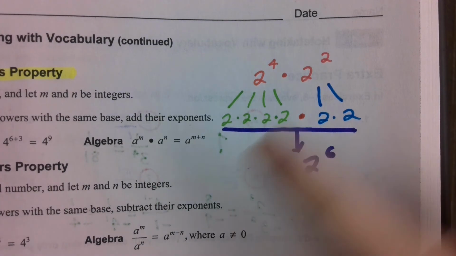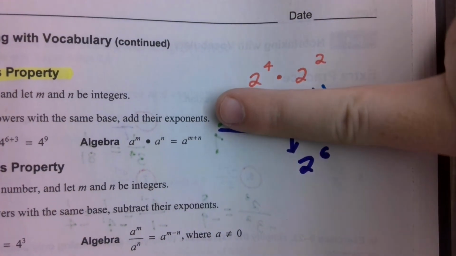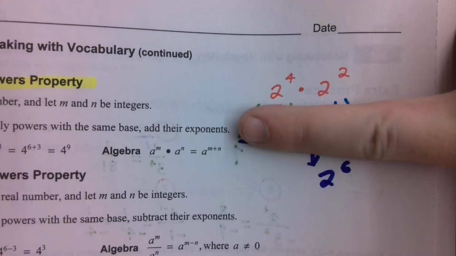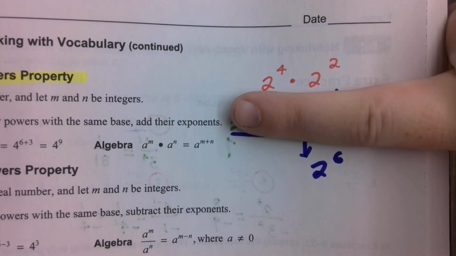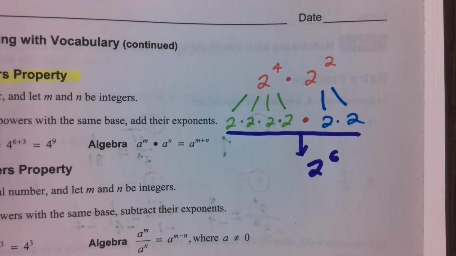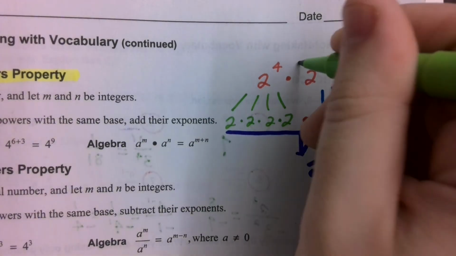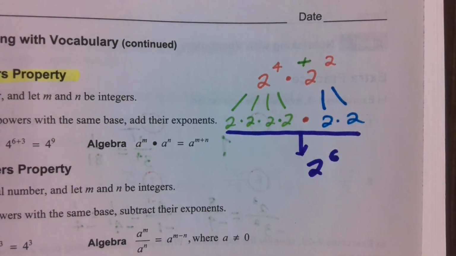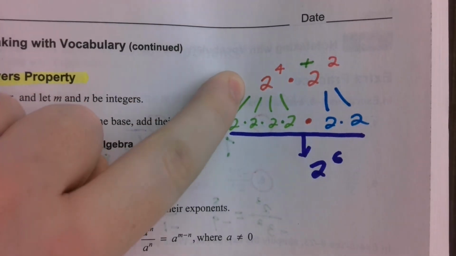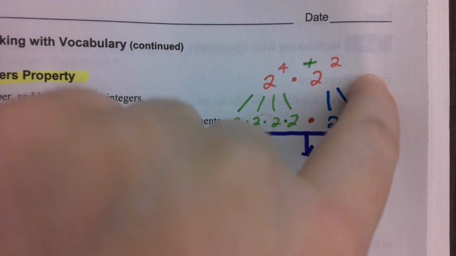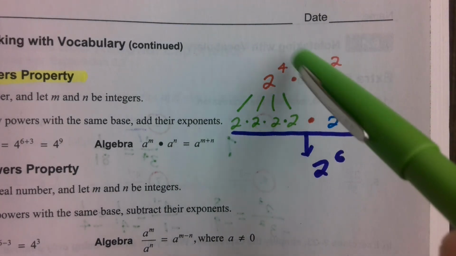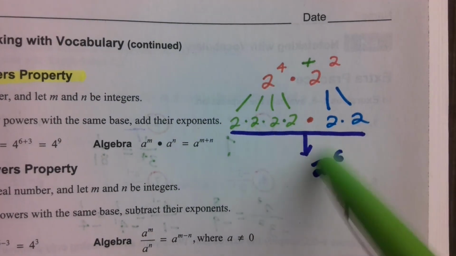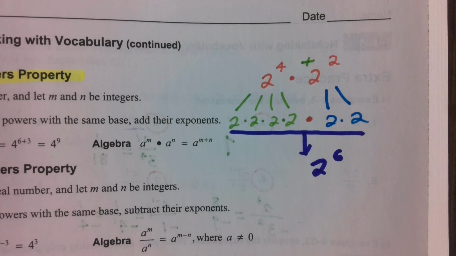In other words, if we just look at the top and bottom of our problem, how do we get from 2 to the 4th times 2 squared to 2 to the 6th? We add the exponents. It's weird, but because we have 4 2's over here and 2 2's over here, by putting all of the 2's together, in other words, adding the number of them, we get 2 to the 6th.